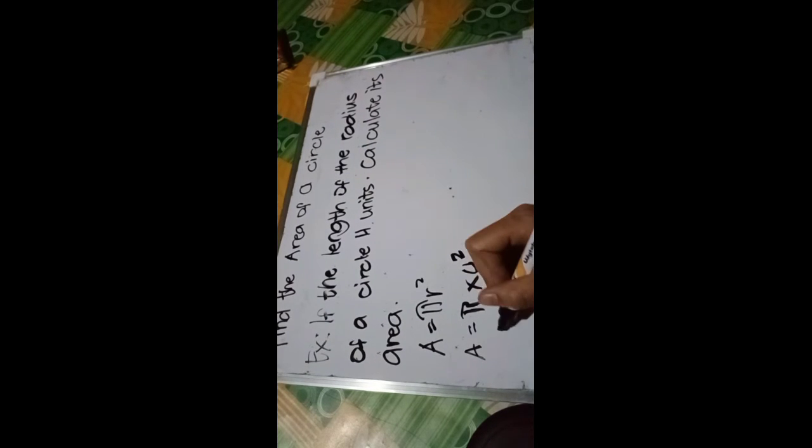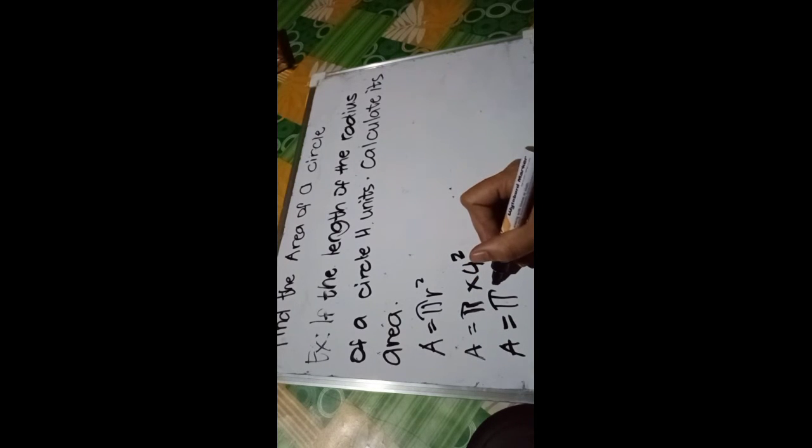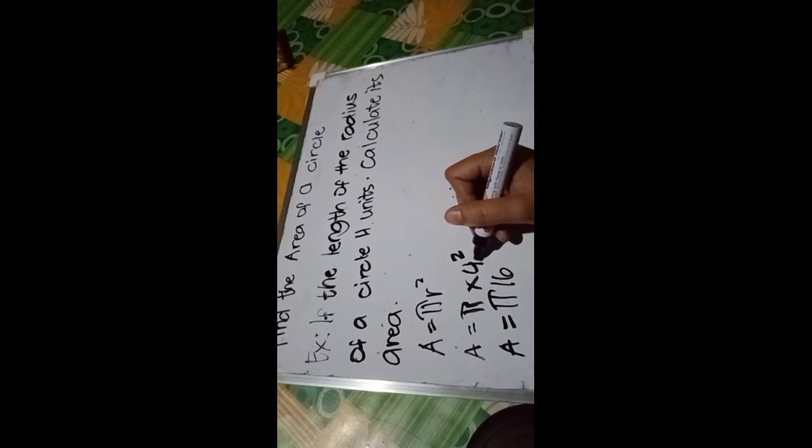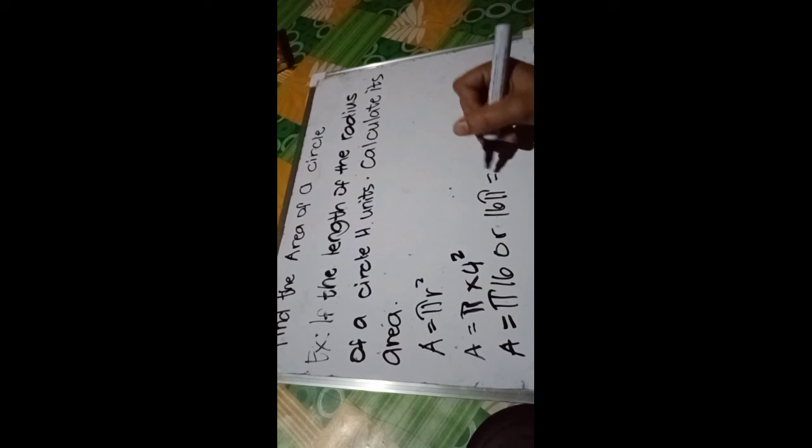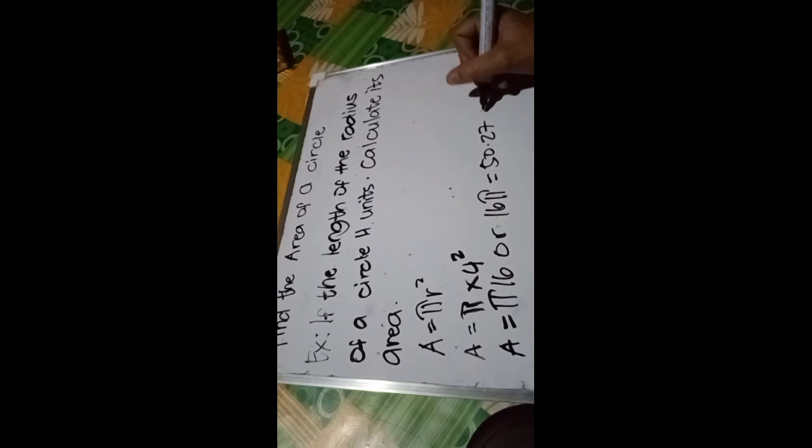So the area of a circle is pi times 16, and the answer is 50.27 square units.